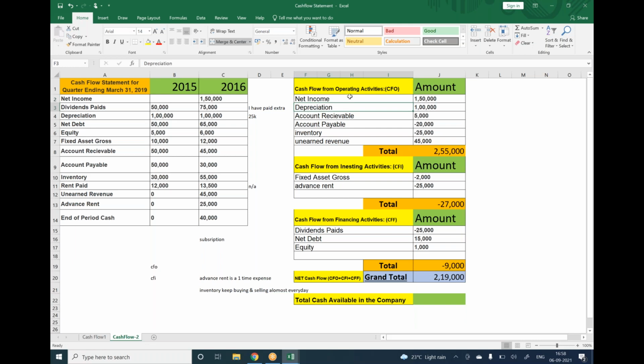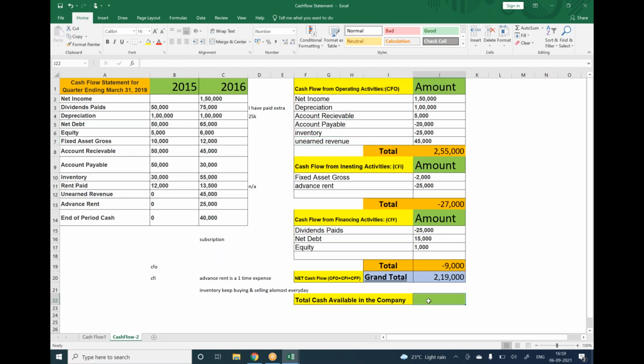Depreciation is only one time, but in standard procedure, they put it in CFO because it's the straight line method, it keeps depreciating every day. Accounts receivable, your suppliers, customers, accounts payable also your suppliers, receivables, inventory every day going, coming. Unearned revenue, the minute you give your service, unearned reduces. You don't give service, your unearned revenue will increase. So it's repetitive in nature.